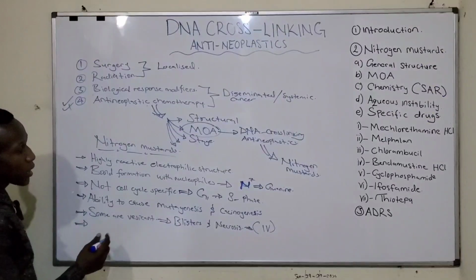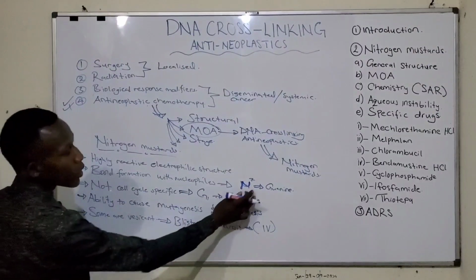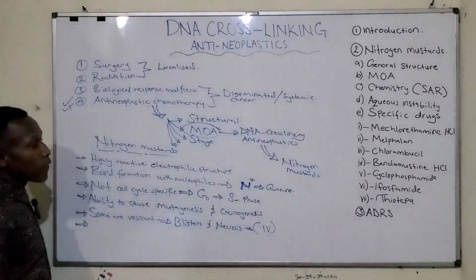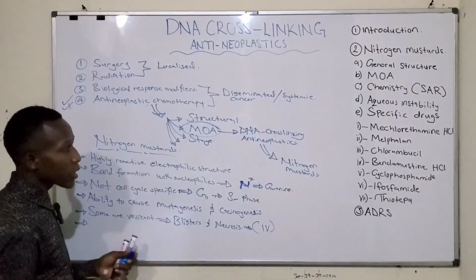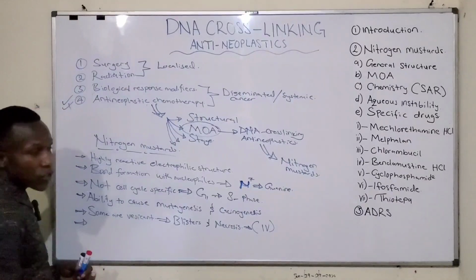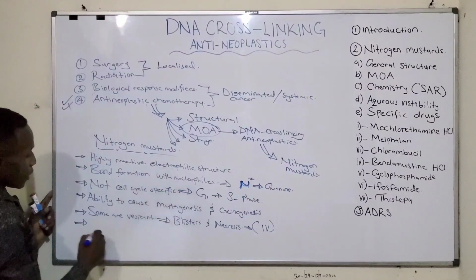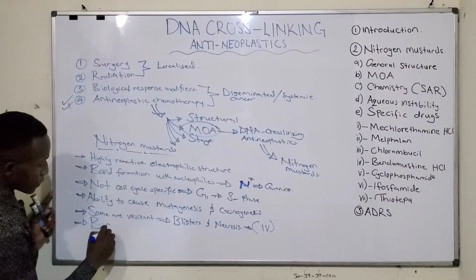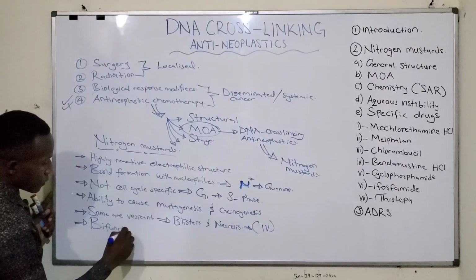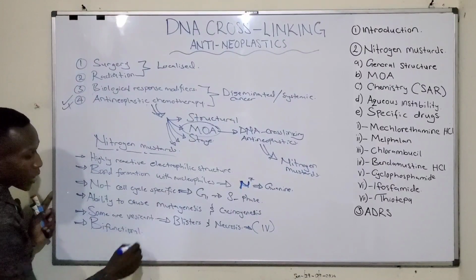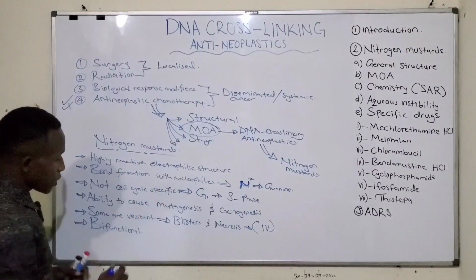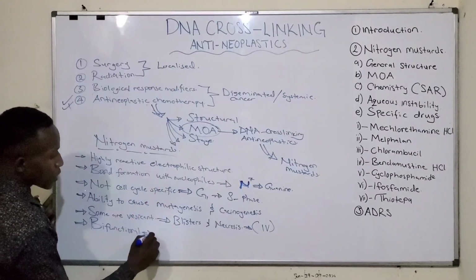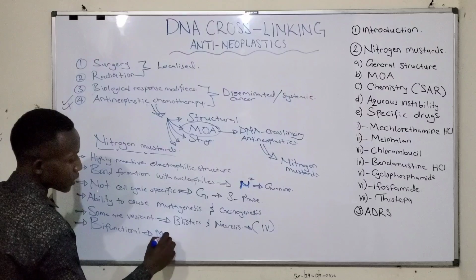Also, sometimes they can alkylate, or form bonds with, the guanine of the same DNA or two guanines from different DNA strands. So they are bifunctional, meaning that they alkylate two DNA molecules with the same drug, but mostly on different DNA.